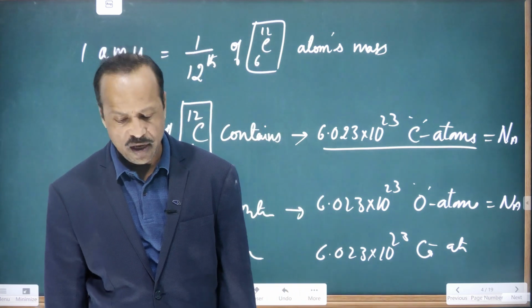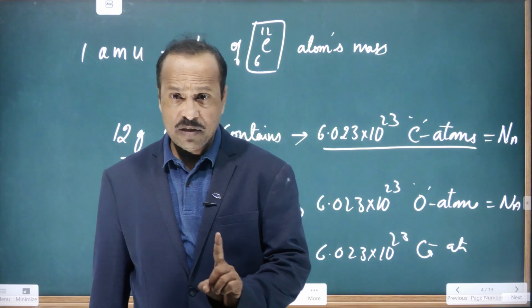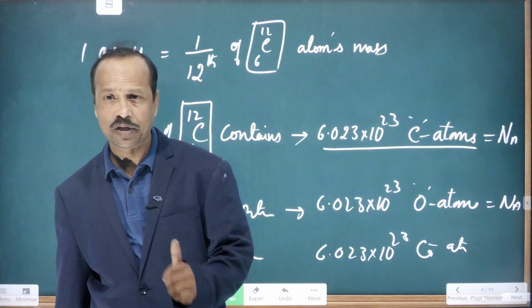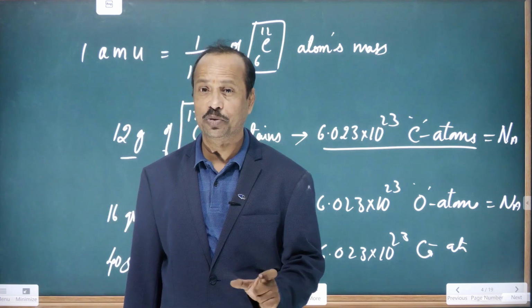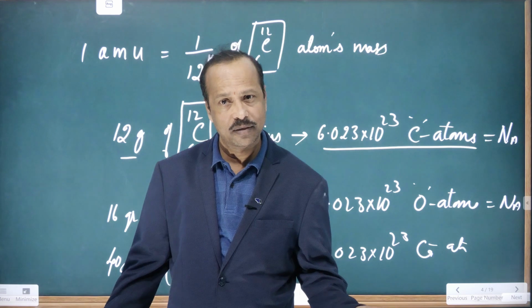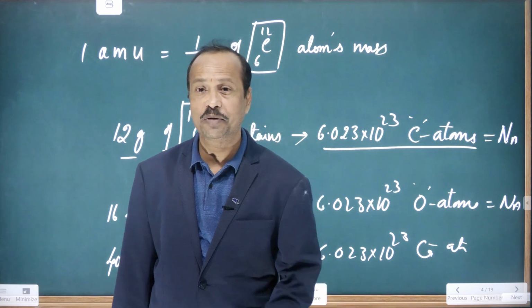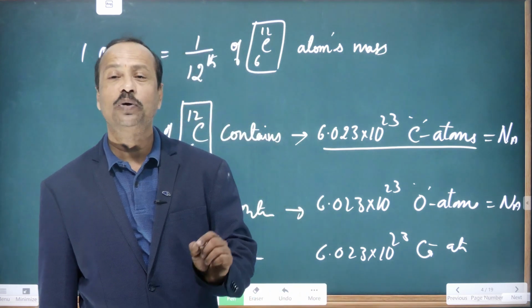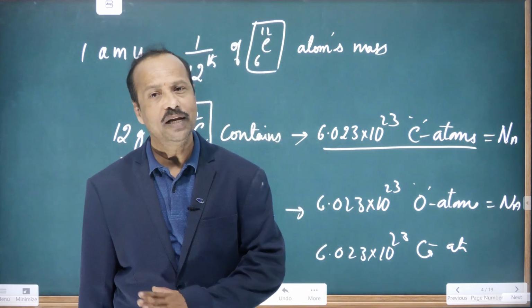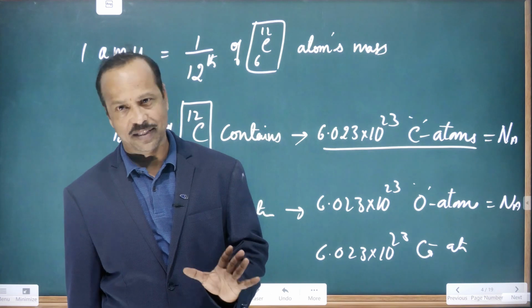Clear? Okay. Now last and final, sodium atom. How many grams of sodium contains 6.023 into 10 to the power of 23 sodium atoms? Very good. Sodium mass number is what? 23. So 23 grams of sodium consists of 6.023 into 10 to the power of 23 atoms.